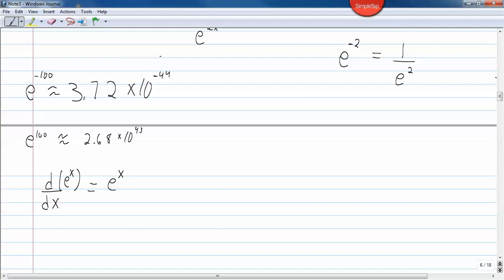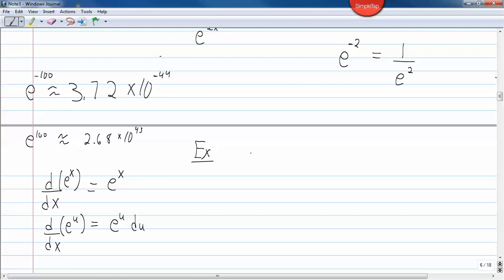Of course, that will change just a little if your power changes. Like say I had the derivative of e to the u. So it's something other than just x. Then that's going to be equal to e to the u times the derivative of that u.